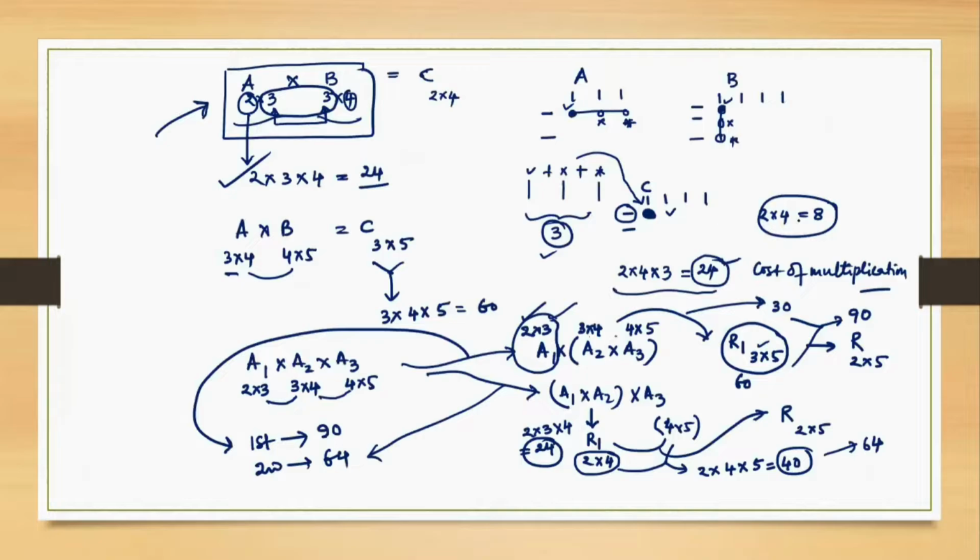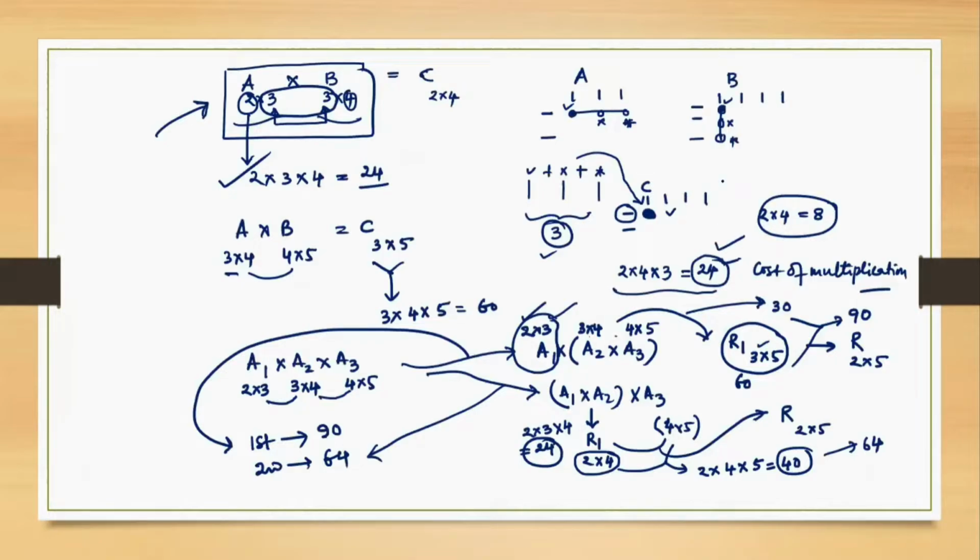To write the algorithm, it is my responsibility to explain all the parameters which are required before we write the algorithm. So here a very simple concept we must know, like the way that we go about solving the cost of multiplication formula, how this 24 came.